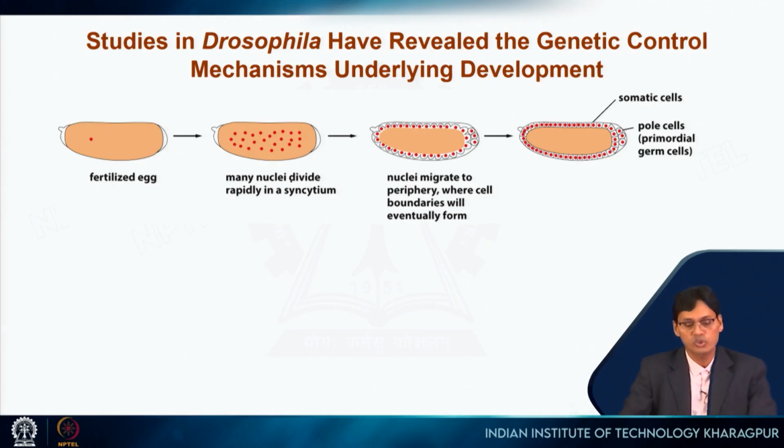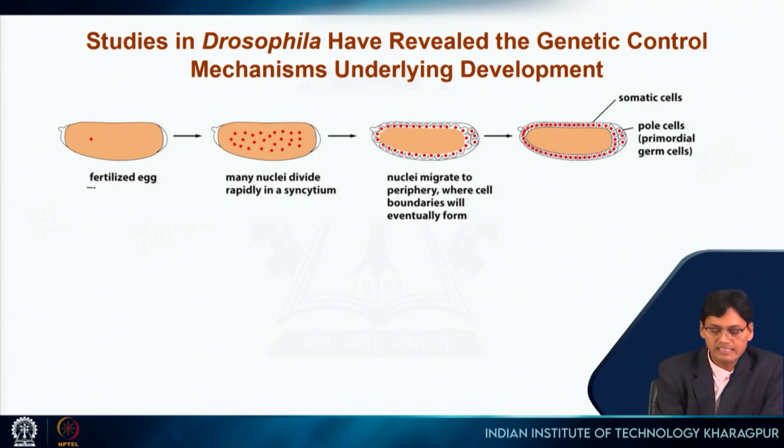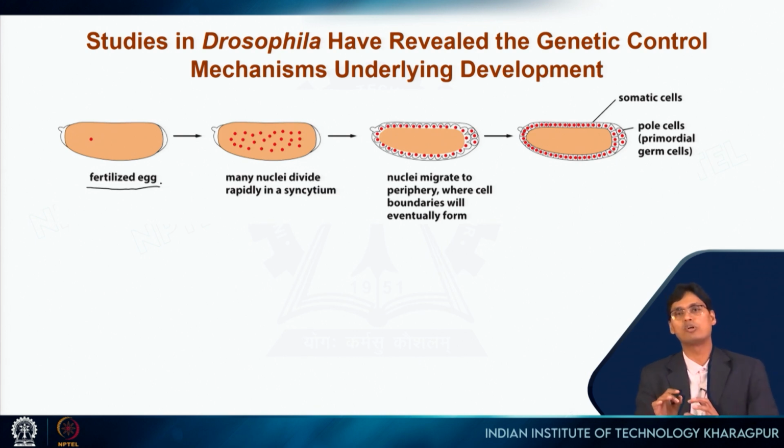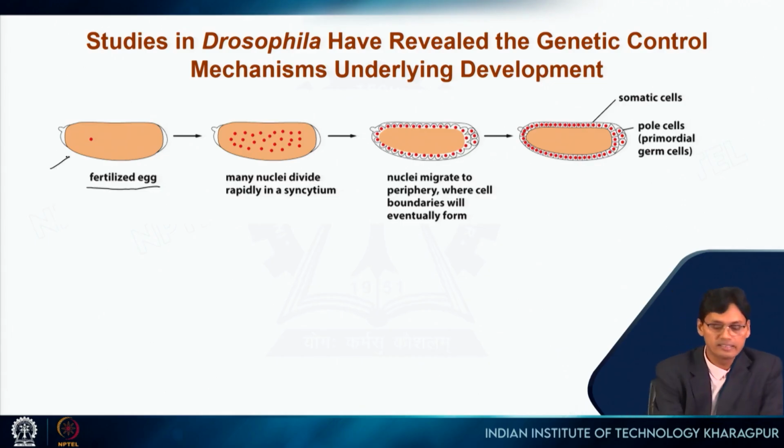Studies in Drosophila, a model organism, revealed the genetic control mechanism underlying development. This is the fertilized egg of Drosophila. The Drosophila egg is not very spherical, it is of an oblong shape.